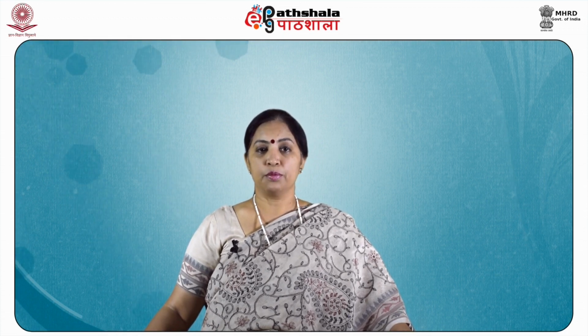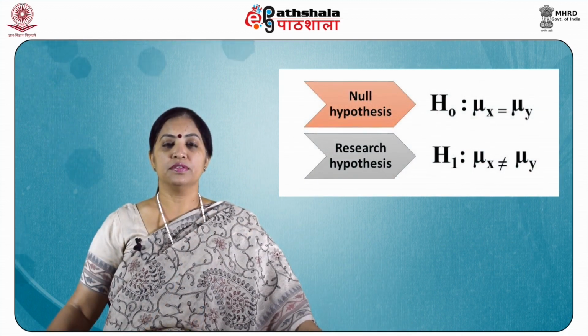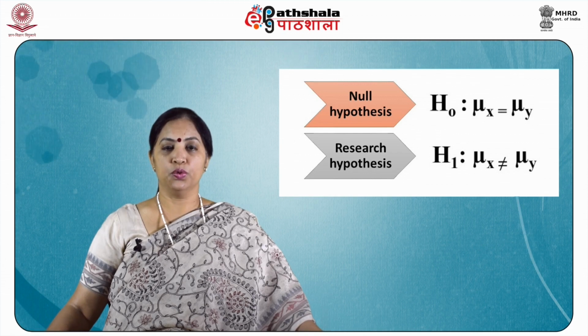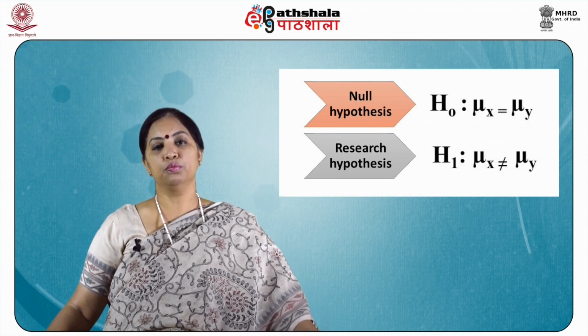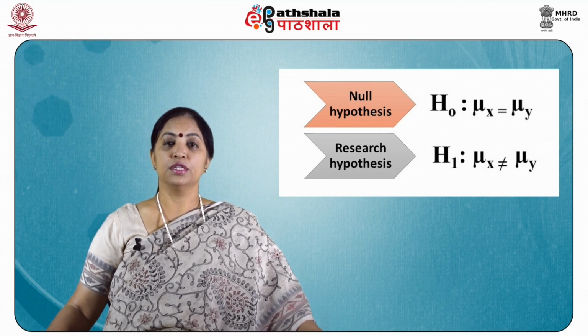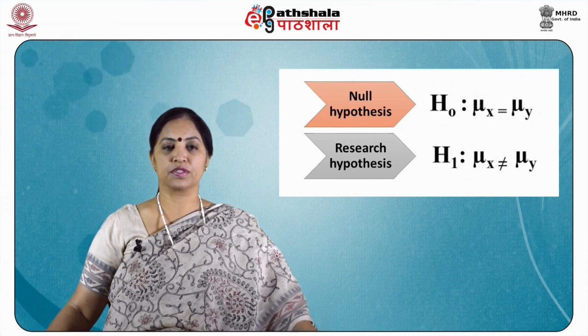Thus, the null hypothesis is where the means of two populations are the same. That is, the null hypothesis, represented as H0, is mu x equals mu y. That is, the mean of population x is equal to the mean of population y and there is no difference.